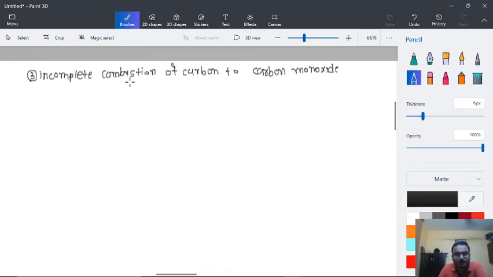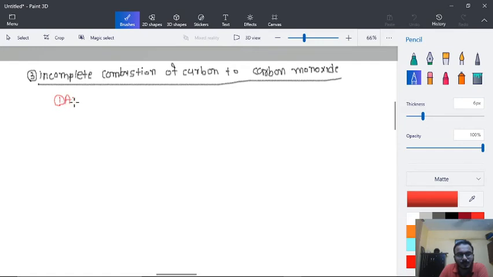So here first, obviously, we will do analysis by mass. As we have already seen it for carbon dioxide, we can quickly go through this.